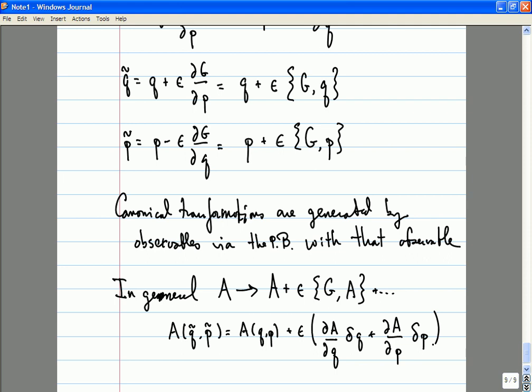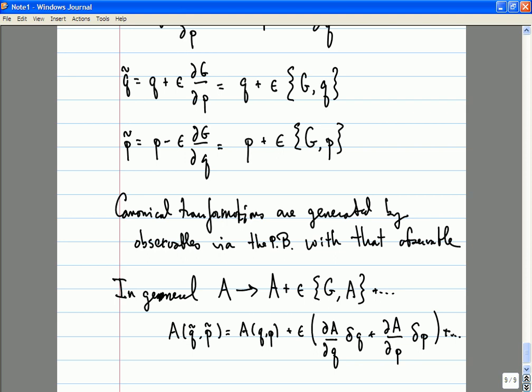Delta P is given by minus dG by dQ. And we have there nothing more, nothing less than the expression for a Poisson bracket. Okay. The moral of the story being that a continuous family of canonical transformations, that is to say, or at the very least an infinitesimal canonical transformation, is generated by a particular observable associated with that canonical transformation.